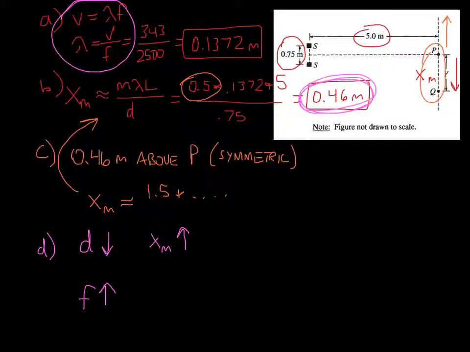And you can see that right here because they're inversely related to each other. So the f goes up, meaning the wavelength goes down. And now if you look at this equation, you can see that as the wavelength goes down, that's directly related to the xm. So the xm would decrease, which means the student would not have to walk as far in order to hear the minimum.